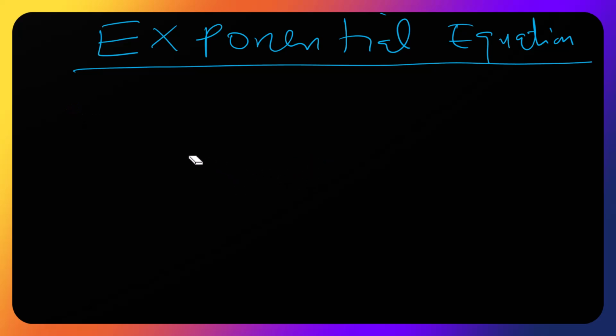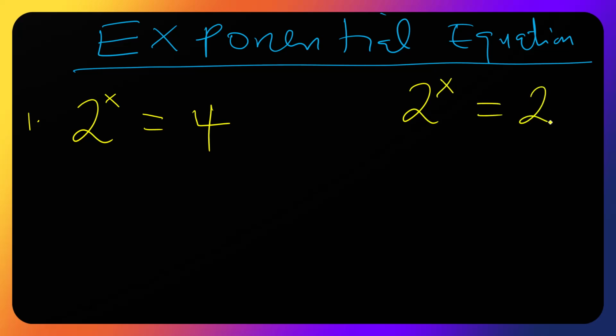Now, to start with, let's observe the following. 2 exponent x equals 4. So this one is a typical example of an exponential equation. But how do we solve for the given variable? Now, 2 to the power of x equals 2 to the power of 3.